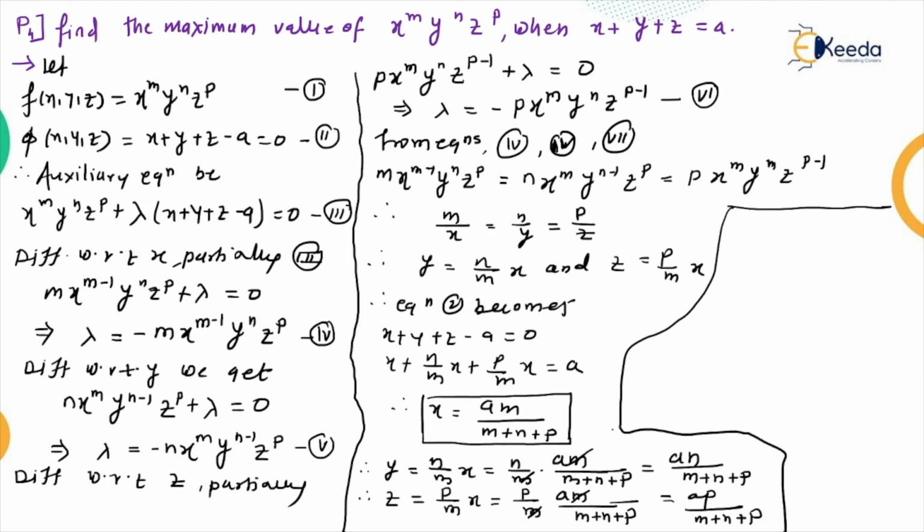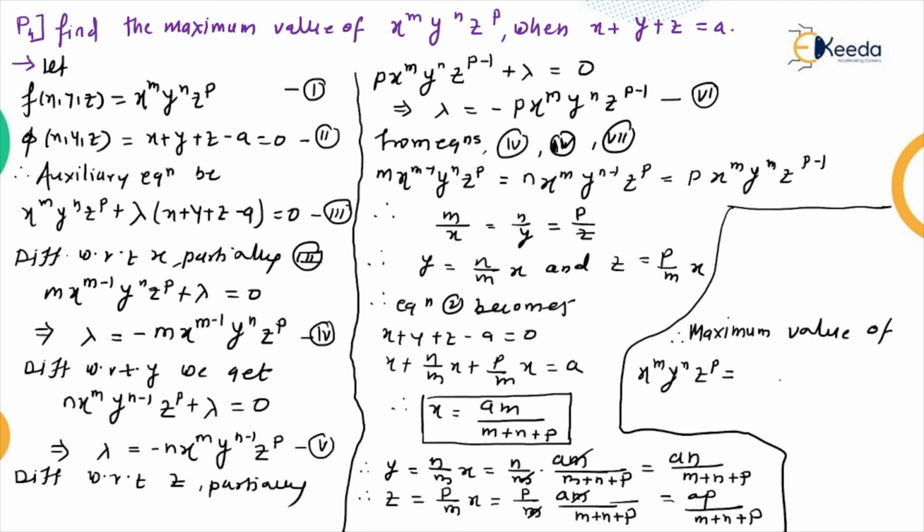And the last part of the answer is remaining. You have to write the maximum value of the function x raised to m, y raised to n, z raised to p.